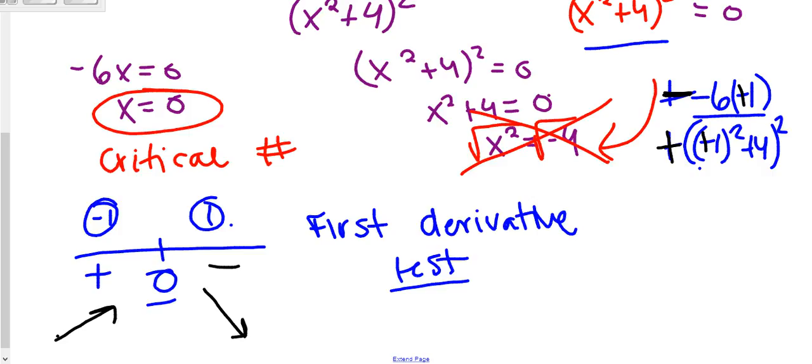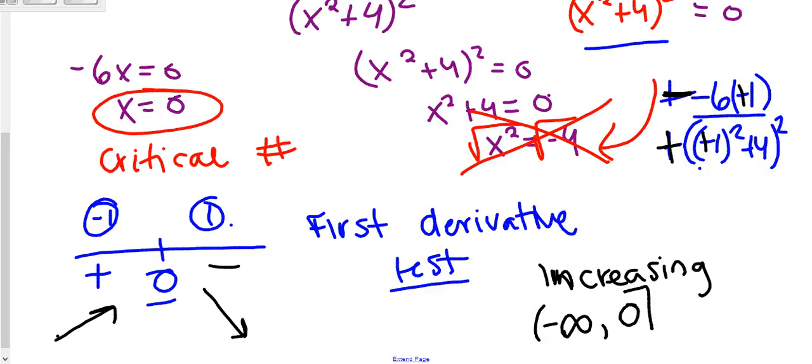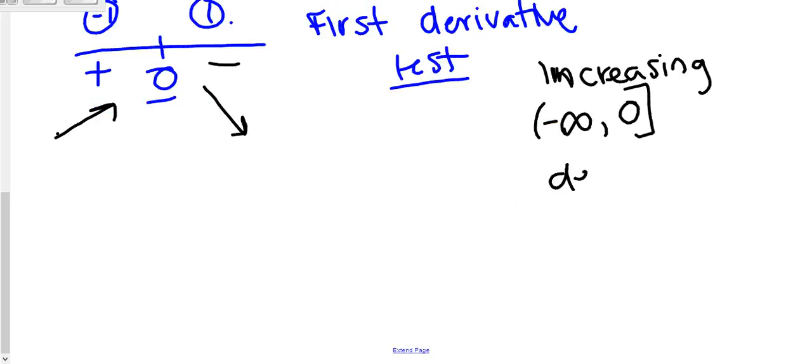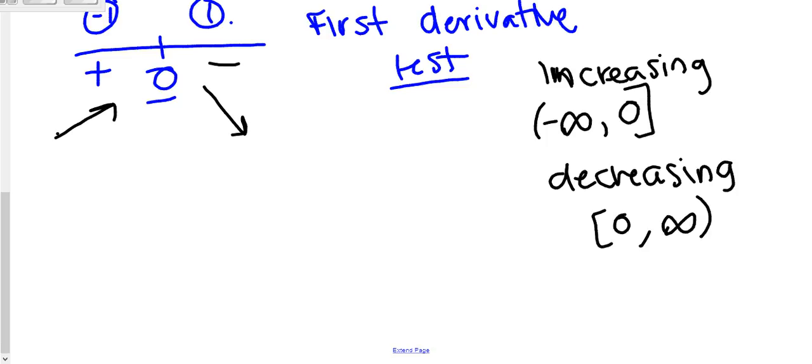So we can say some intervals. Our increasing interval starts at negative infinity and stops at 0. And our decreasing interval starts at 0 and goes to positive infinity.